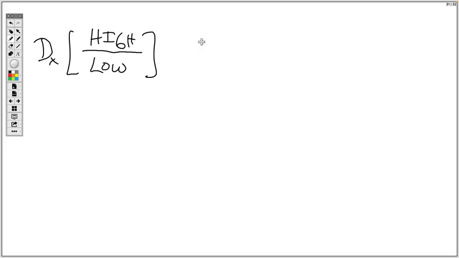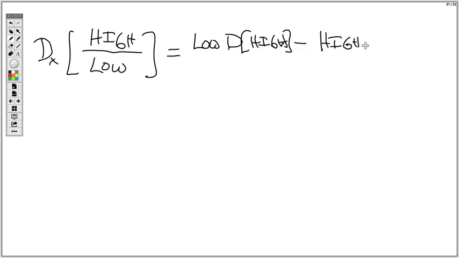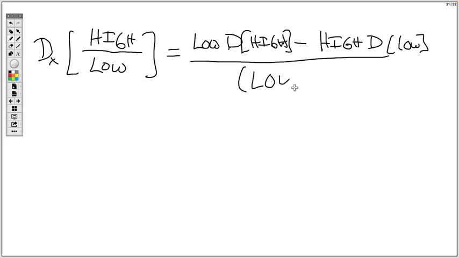Here's how the quotient rule works. You ready? It's low d high minus high d low, and then you square the bottom, and off you go. That's it. Low d high minus high d low, square the bottom, and off you go.